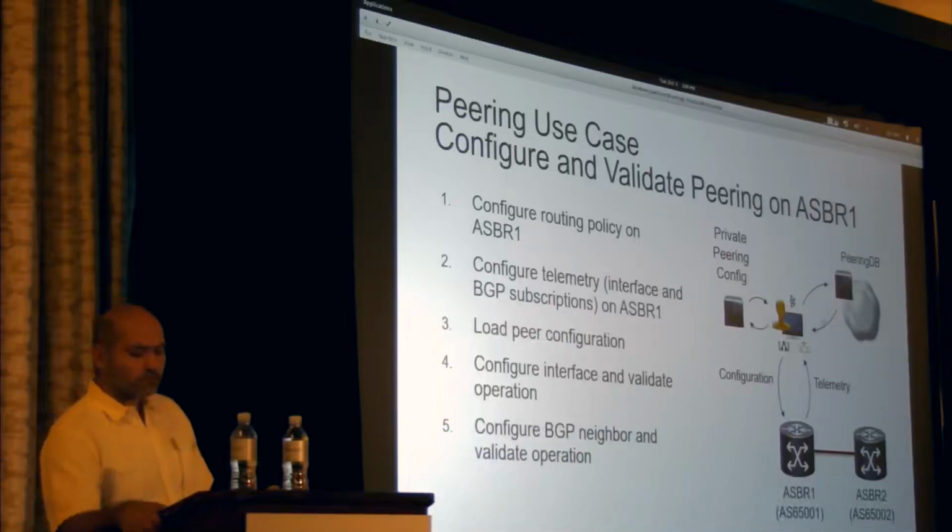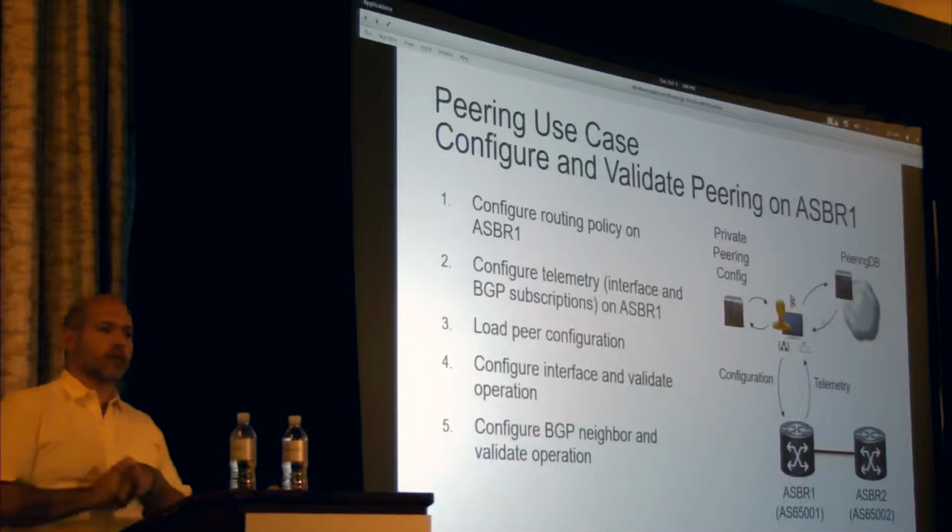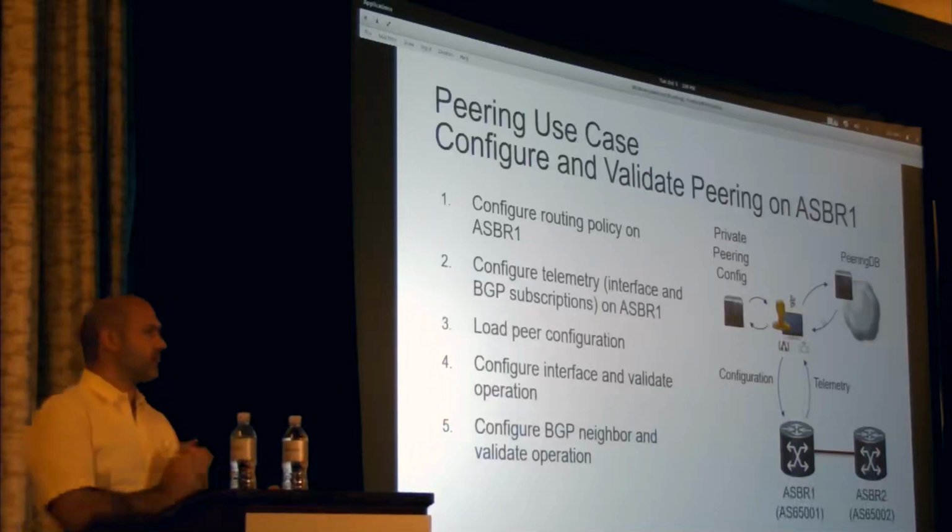So what I wanted to do next was to combine those 4 models and try to see if I can implement a workflow. And the workflow that I chose was to configure and validate peers.